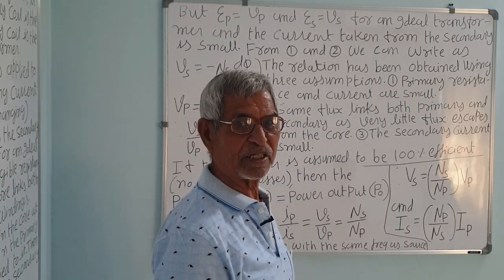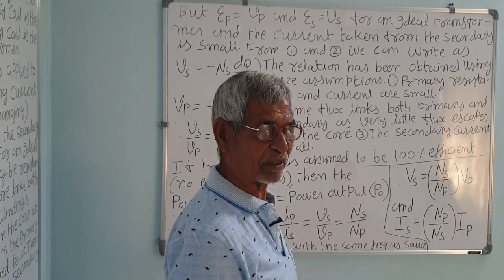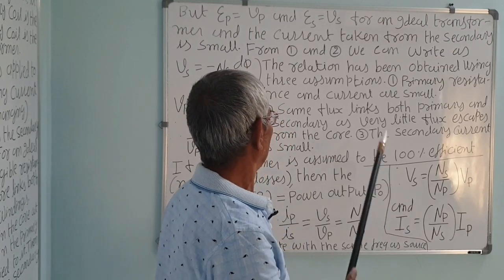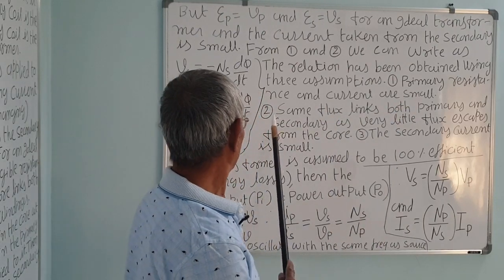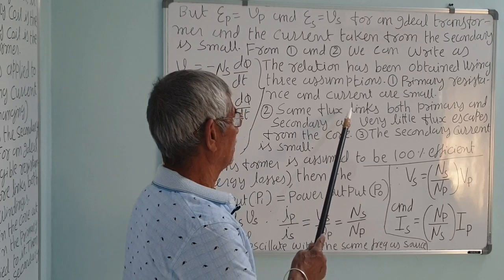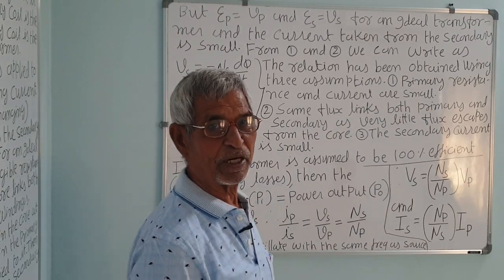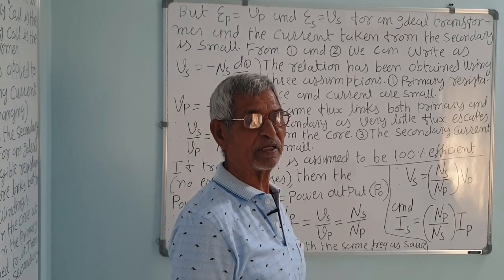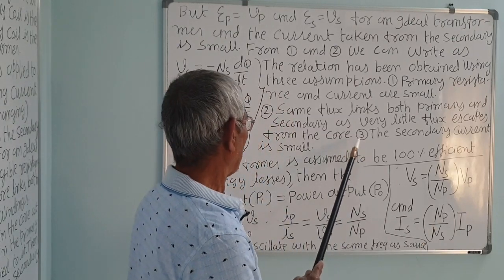The resistance is negligible, that is small, because it is a copper coil and has some resistance, and the current in the primary is also less. The same flux links with both the primary and the secondary. We have assumed that there is no flux leakage, but there is some flux leakage with the secondary.